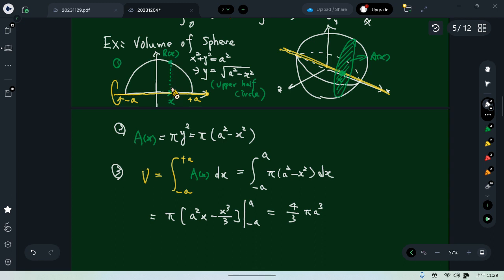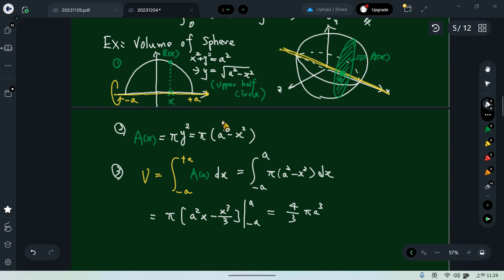Each piece will contribute a disk here, just like this. So if x is here, x ranges from minus a to positive a. When your point is x, your radius will be r of x. r of x will follow this equation of the circle, right? Then it will contribute this circle.